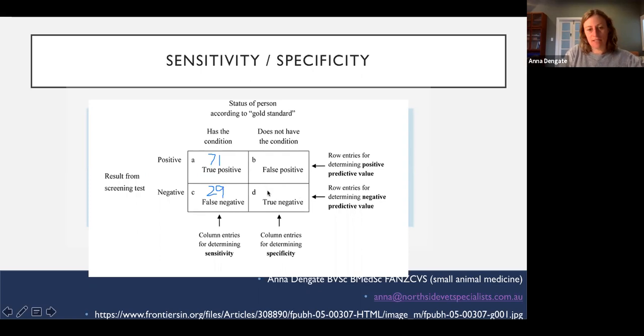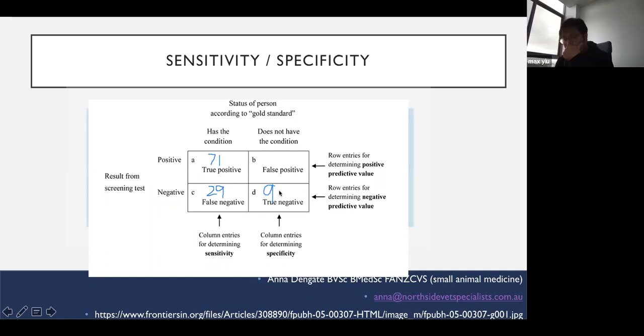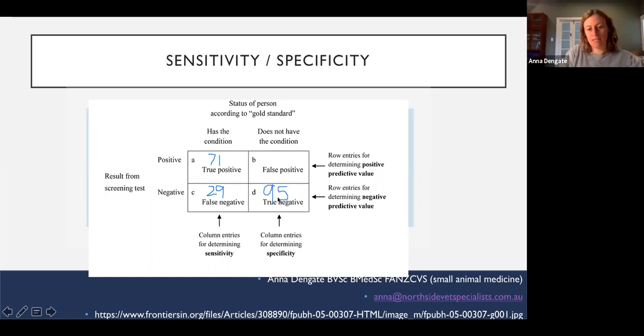The specificity of the human coronavirus test sits around 95%. So when the patient doesn't have the condition, there's a 5% chance it's going to test positive anyway, and a 95% chance it's going to be a true negative.